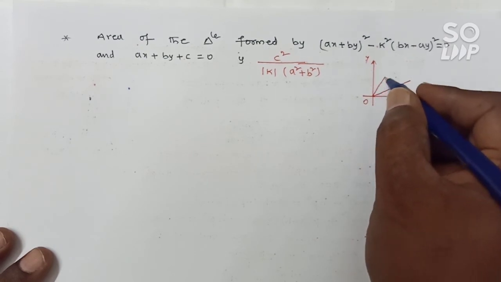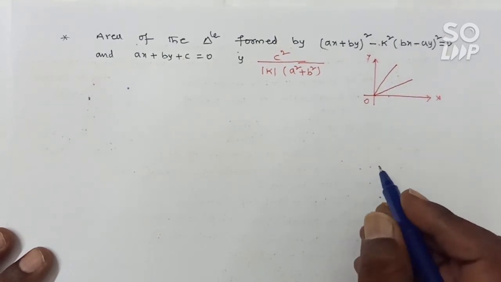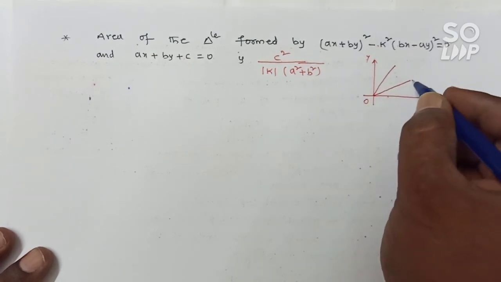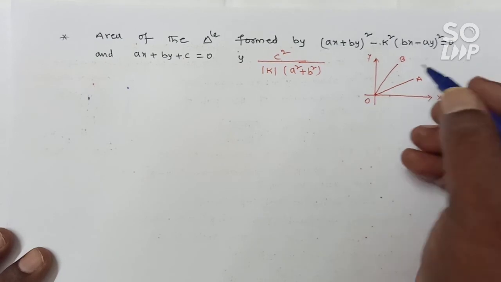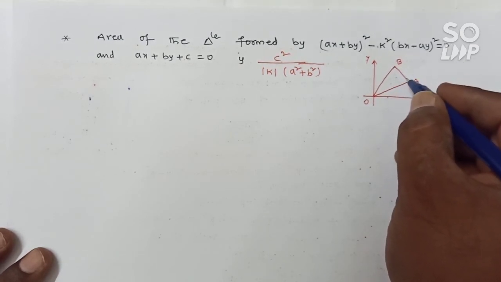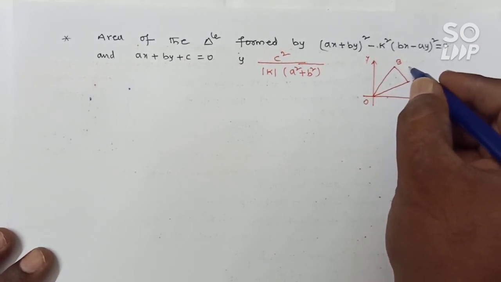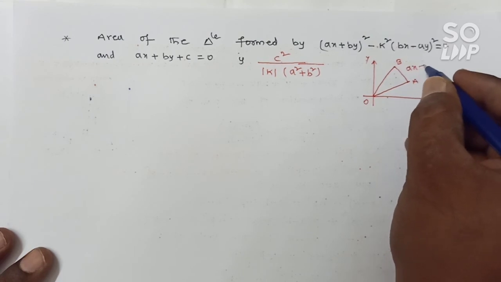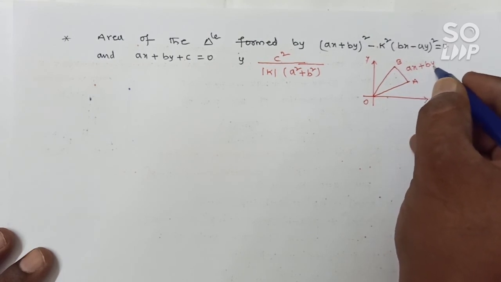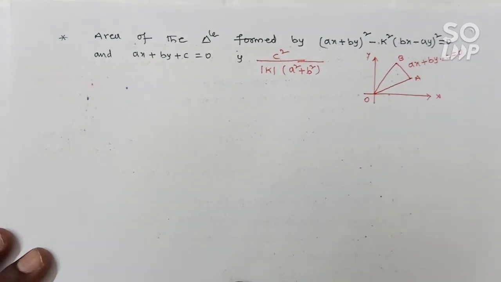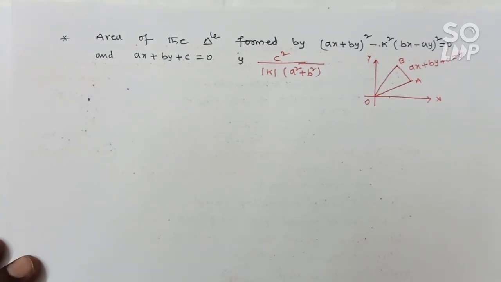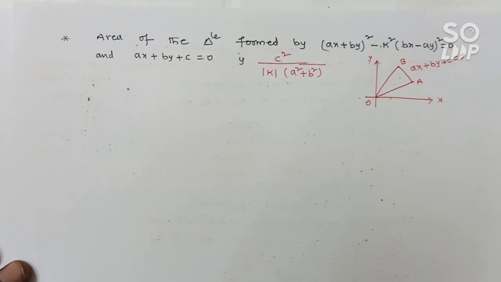So these are the two lines represented by the first equation. Let this be OA and OB. Now here AB is nothing but ax plus by plus c is equal to 0. So this one is the third side. Okay, right. Next, see another formula.